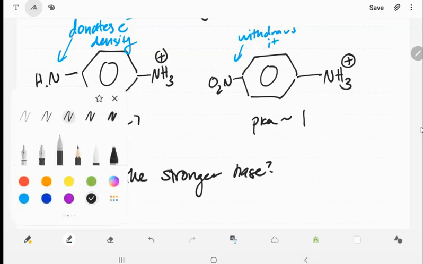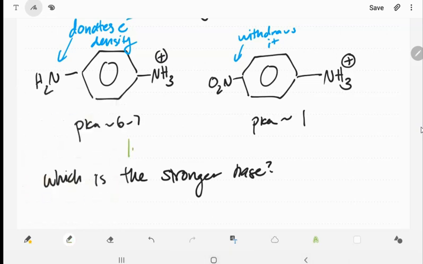Just FYI, I'm going to write it out, but remember low pKa, strong acid, weak base. I'll say stronger and weaker because we don't want to say these are strong acids necessarily, except maybe the pyrrole one. All right, so let's do some comparisons.